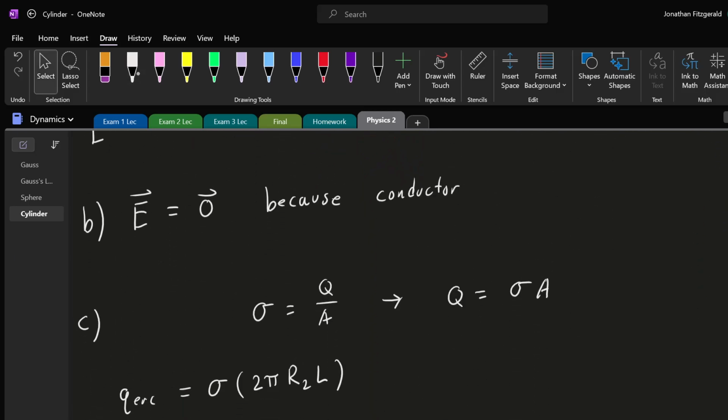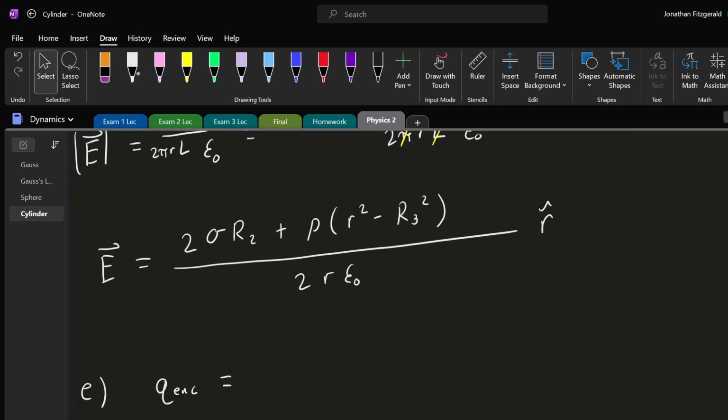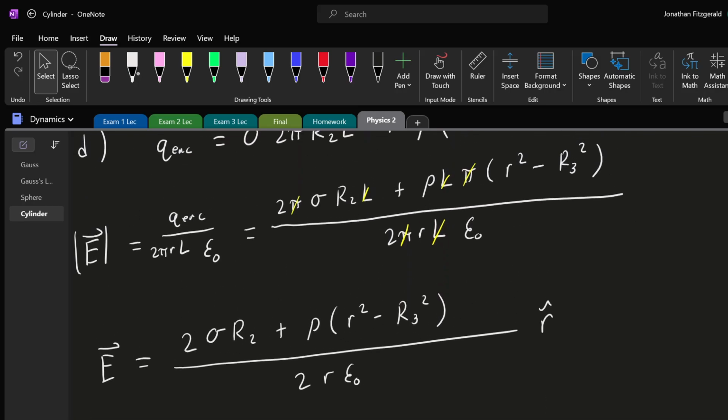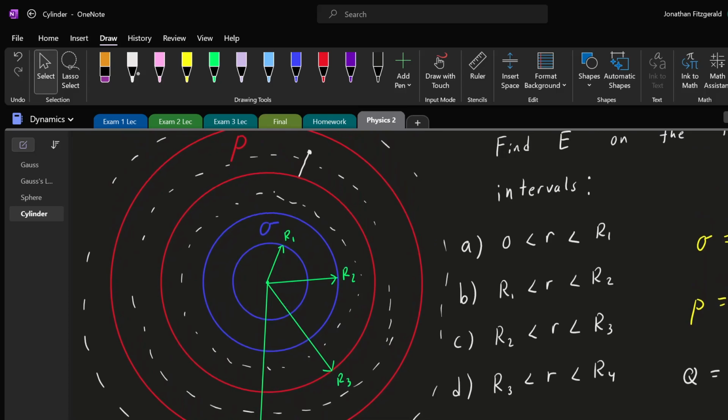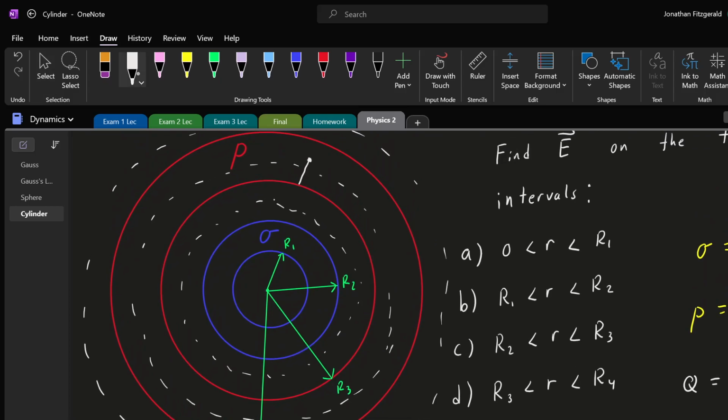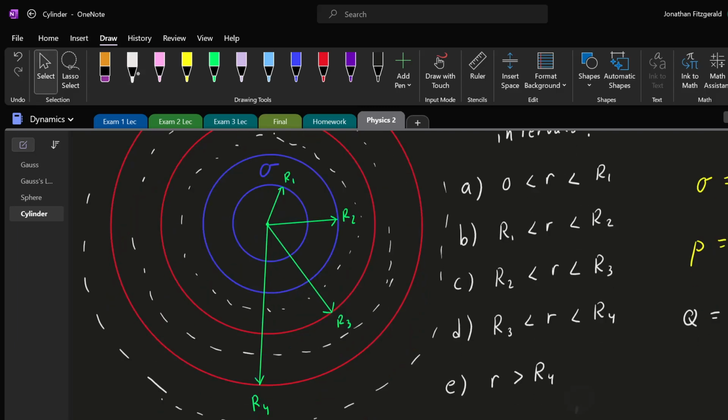Therefore, instead of how we did here, where we did little r squared minus R3 squared, we can now have this as a defined R4 minus R3, because we're going to be enclosing the entire thing, not just some portion of it depending on our little r.